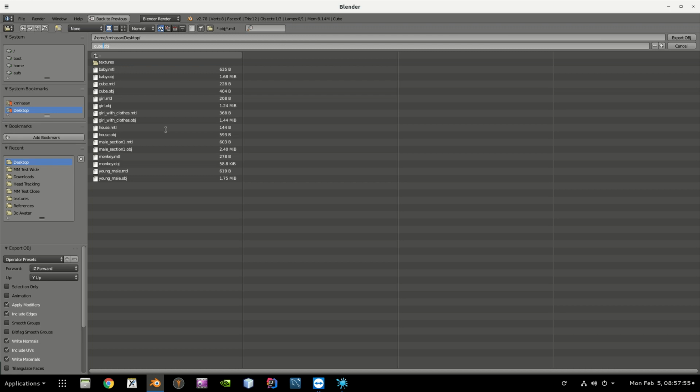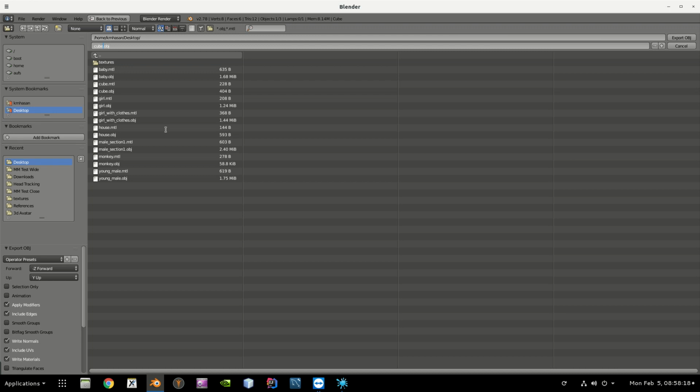And down here, we have some options. When you install Blender, by default these two options, write normals and include UVs, will be checked off.